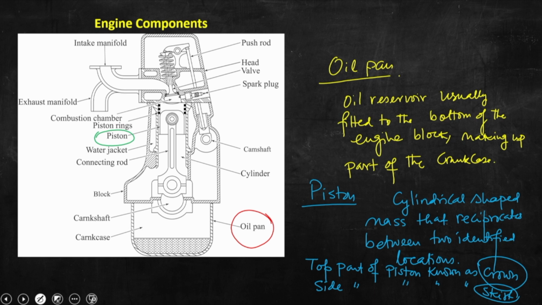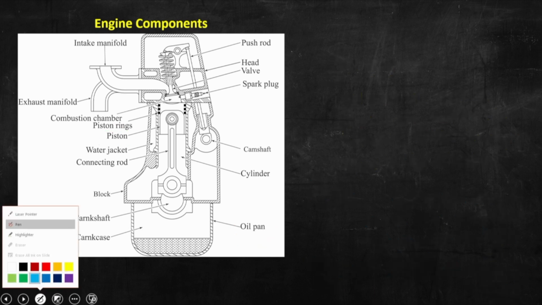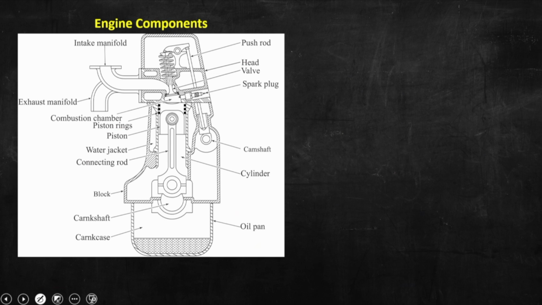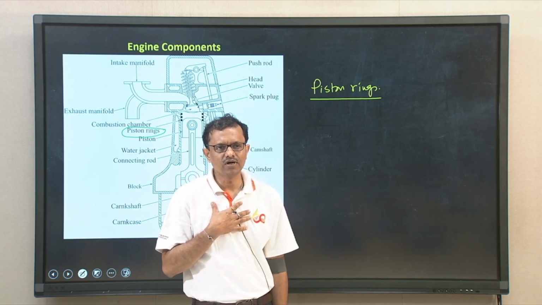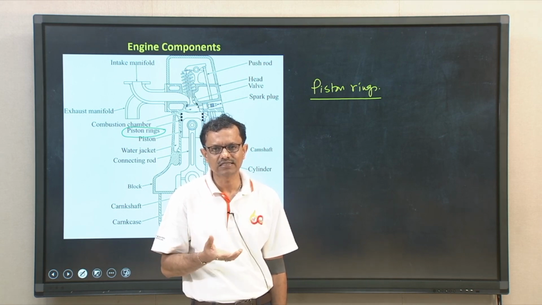Then another important element is the piston rings. Let me briefly write here: piston rings are very important. I told you that if we do not provide piston rings, there will be several problematic issues. What are those issues? First of all, the piston material is very special, which we will discuss in the next class.